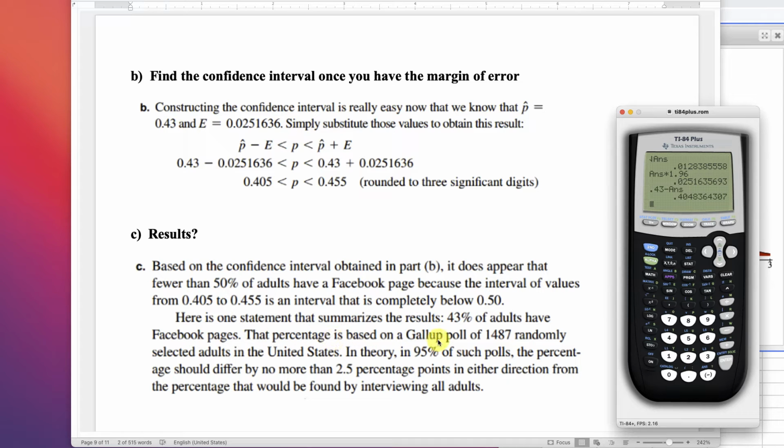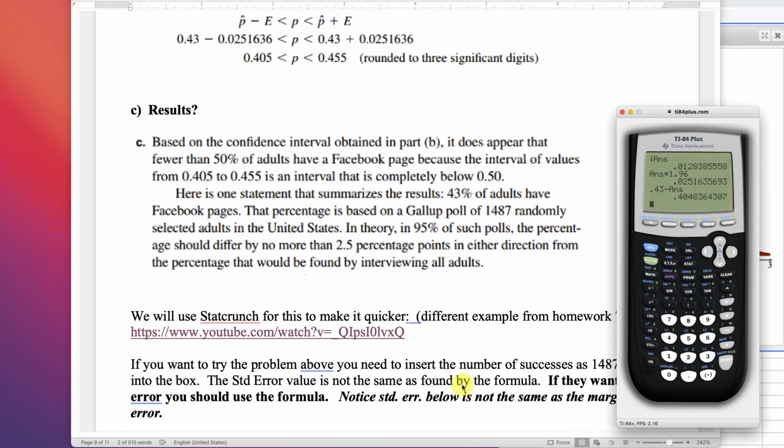The percentage is based on the Gallup poll of 1487 randomly selected adults in the United States. In theory, in 95% of such polls taken, the percentage should differ by no more than 2.5 percentage points in either direction. 2.5 is that 0.025 because we were 95% confident. 2.5% to the left and 2.5% to the right from the percentage that would be found by interviewing the adults. Okay?